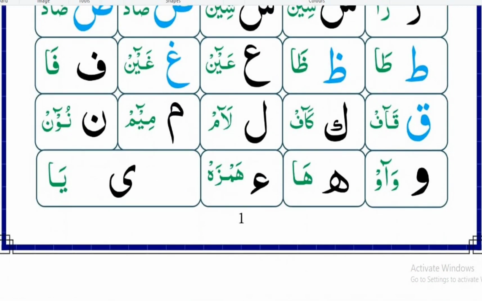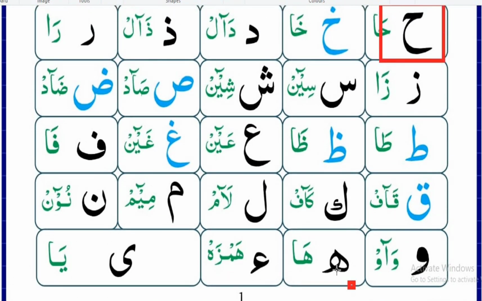But this one here is more simple, ha. So the bottom one is one ha, and the top one is the other ha. That's the difference between the two. And this letter is called hamza. And the last letter of the Arabic alphabet, this one is called ya.